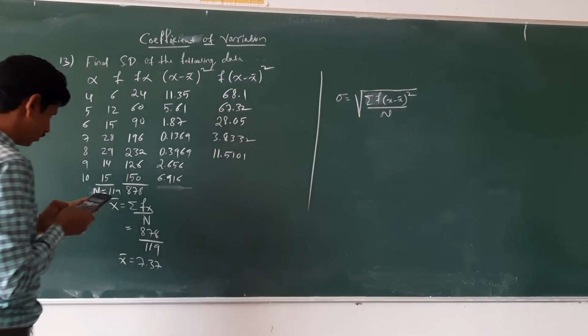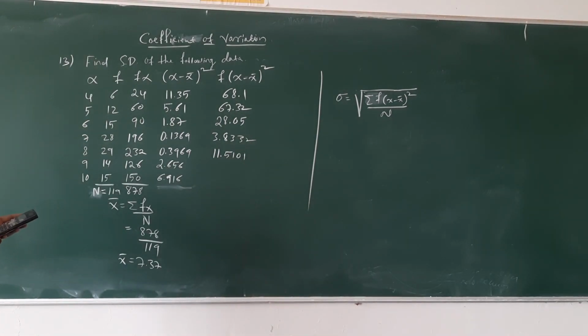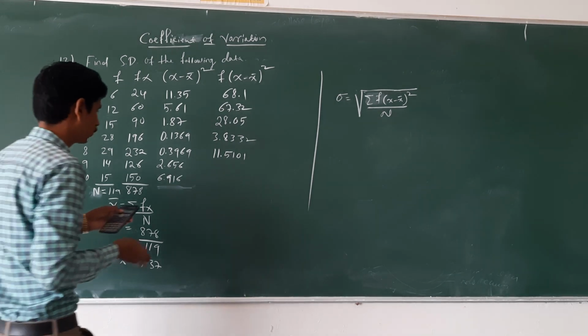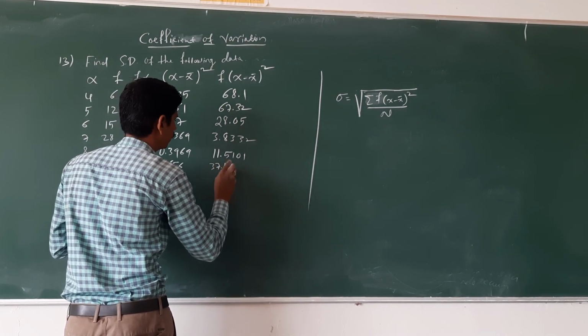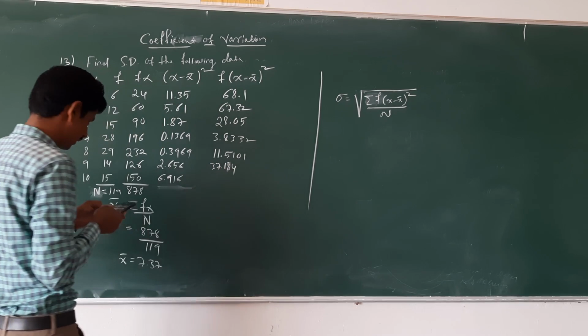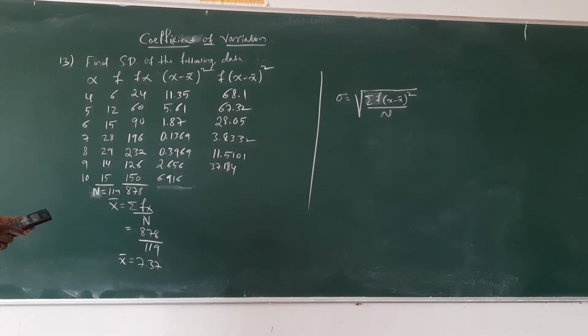The next, 14 into 2.656 is 37.184. And last, that is 15 into 6.916 is 103.74.